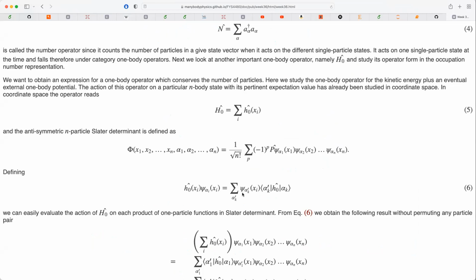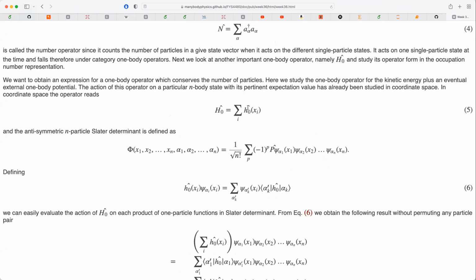So what I wanted to do now is to go through the way you can derive that expression for an operator in second quantization. What we started with in the beginning of the semester was an operator which contained the specific degrees of freedom. It could be the spatial degrees of freedom, if you're thinking of kinetic energy.